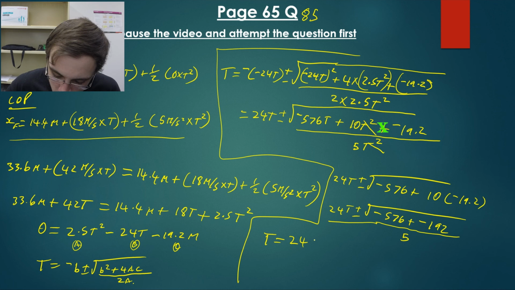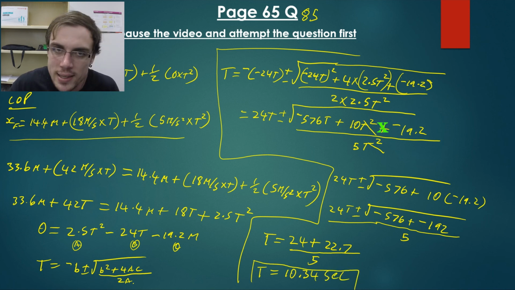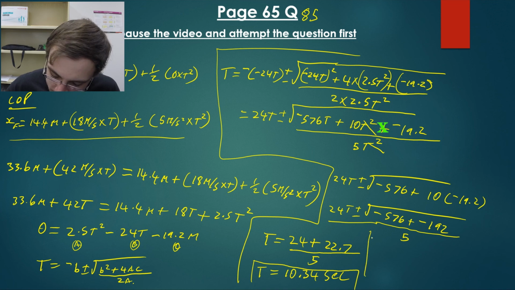So it's going to be 24 plus the square root of negative 576 plus negative 192, which gives us 22.7. We're going to divide that by 5, which means that our total time is equal to 10.34 seconds.